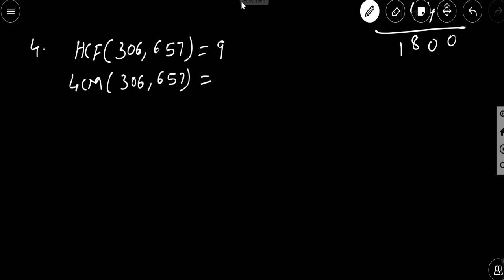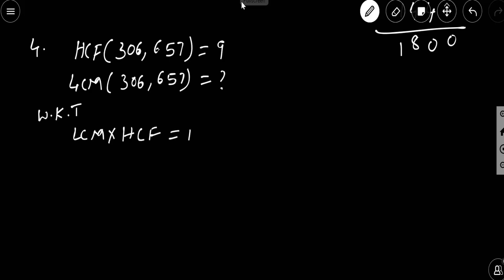Okay, so how do we calculate this? Any idea? So till now in the problems we were using this formula. We know that LCM into HCF, for solving the problem number 2, we have used this formula.